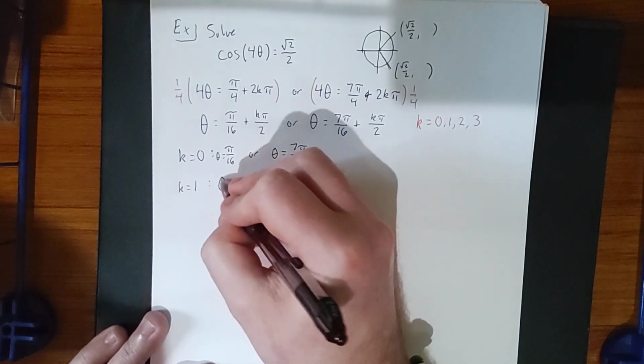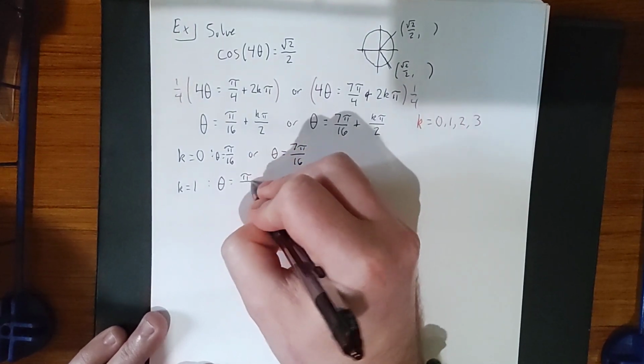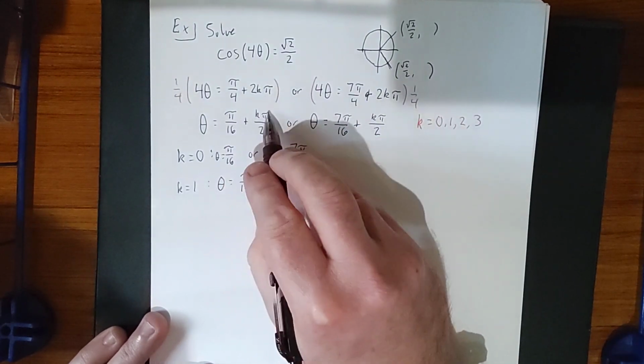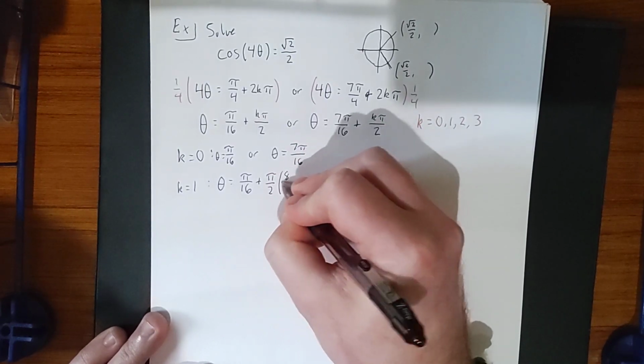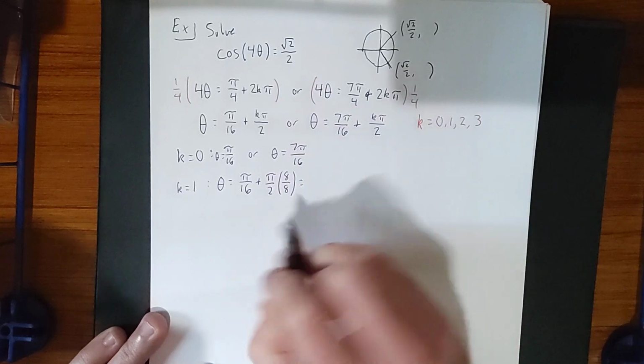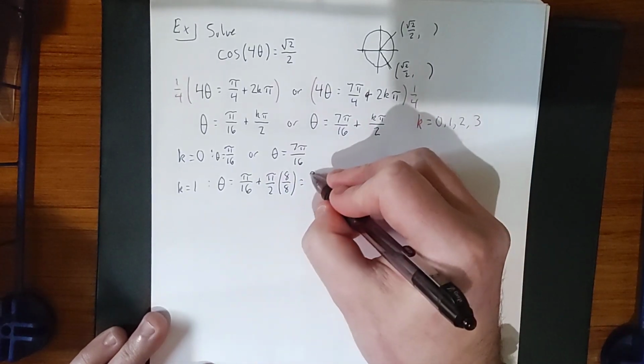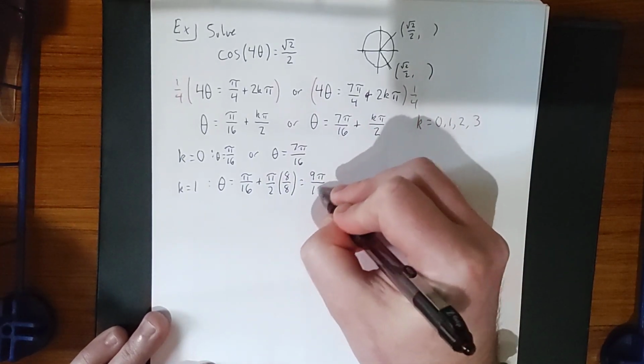At k equals 1, we get pi over 16 plus 1 pi over 2. Call that pi over 2. We'll also get a common denominator for these so that we can add them together. Pi plus 8 pi will give us 9 pi over 16.